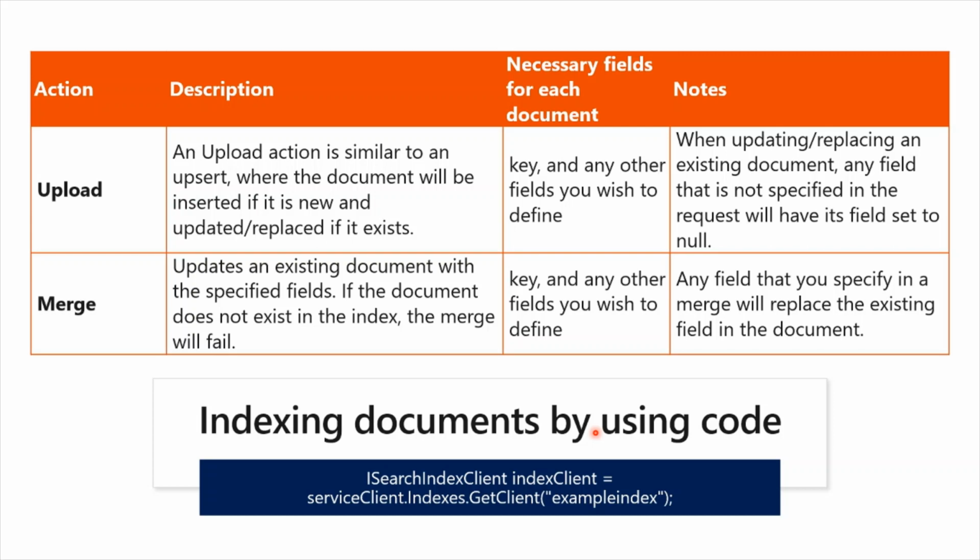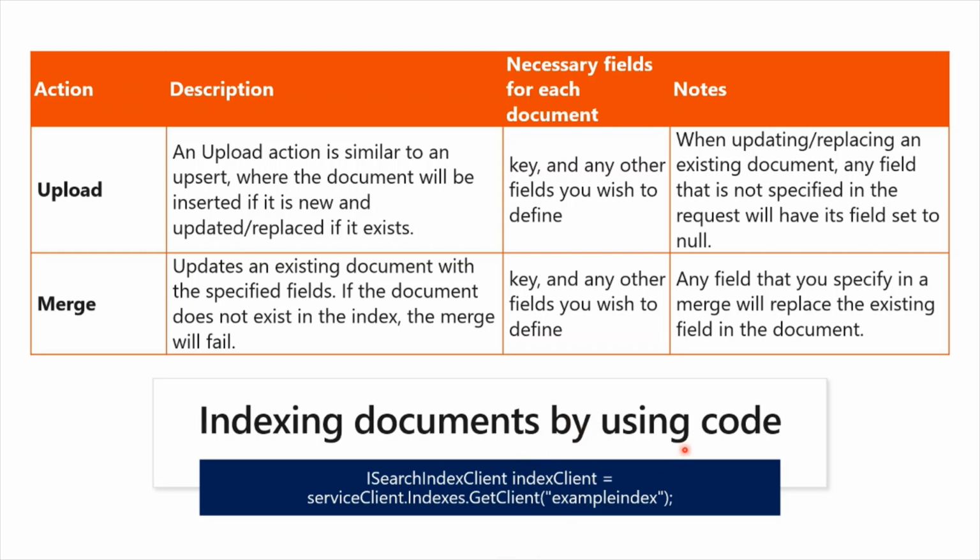To import data by using the .NET SDK, you will need to package up your data into an index batch object. An index batch encapsulates a collection of index action objects, each of which contains a document and a property that tells Azure Search what action to perform on that document, like upload, merge, delete, or other options.